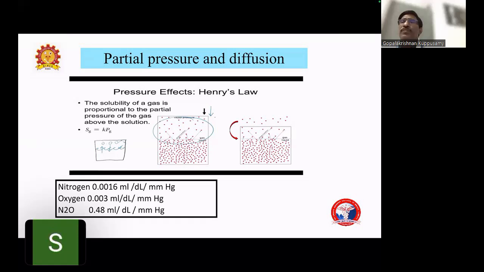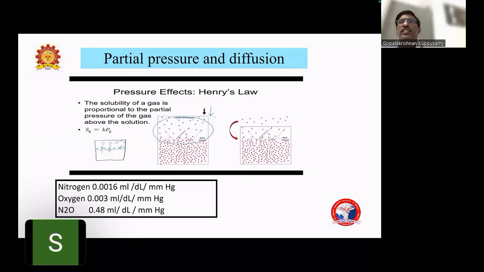For nitrogen, this solubility is 0.0016. For oxygen, it is 0.003. For nitrous oxide, 0.048. In comparison, nitrous oxide is more soluble than oxygen, and more soluble than nitrogen.